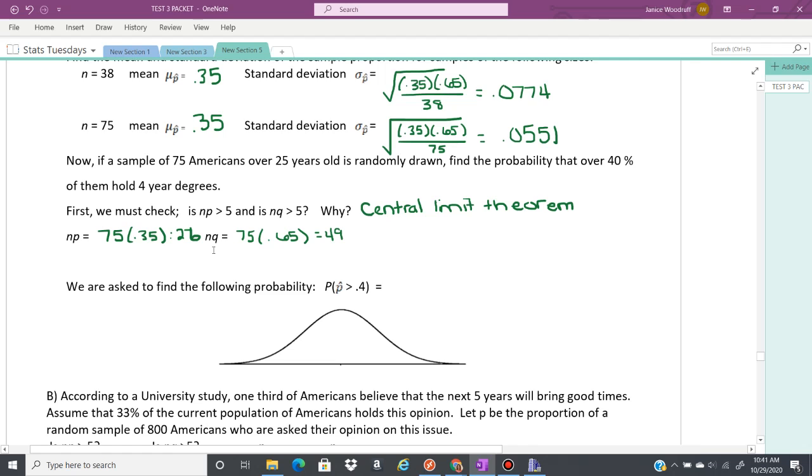All right, so we are asked to find the probability that in the sample of 75 Americans, 40% or more have college degrees. The first thing we're going to do is find your P, your P hat, and the standard deviation of P hat.